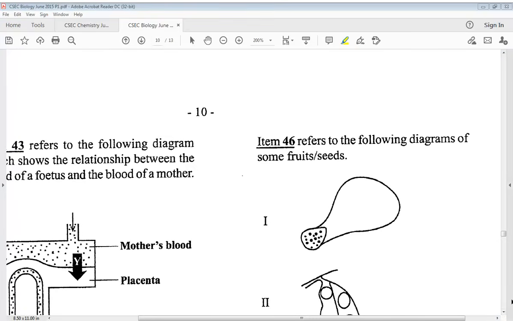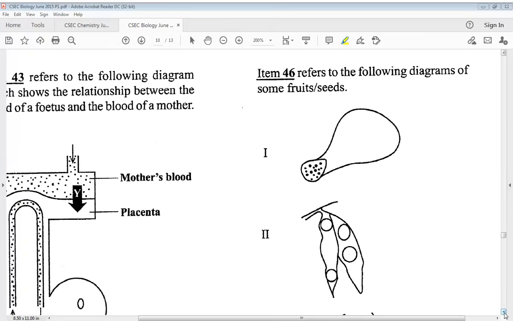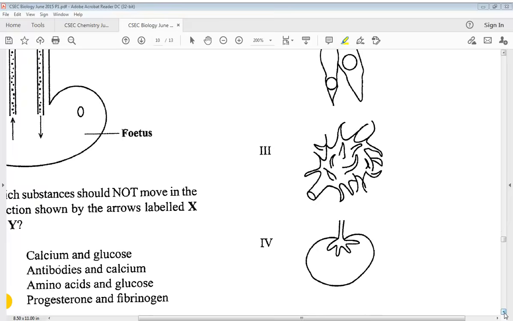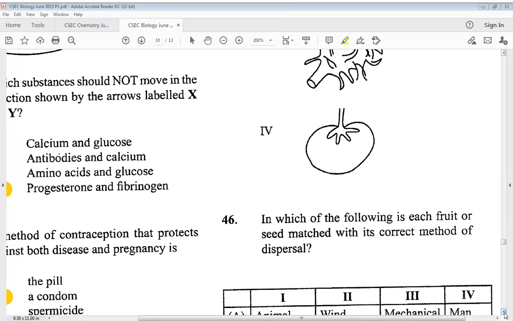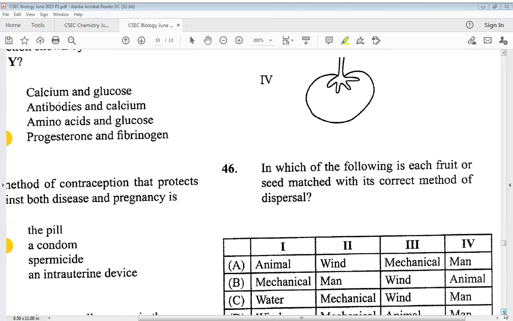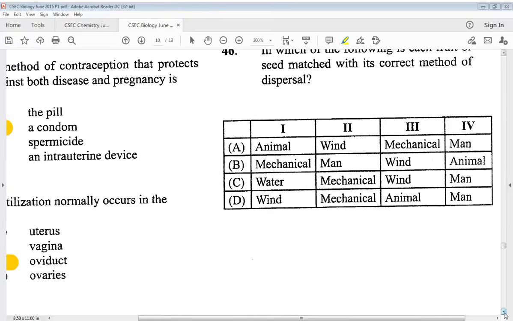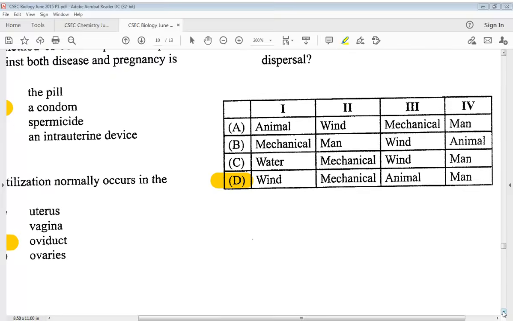So here we have item 46 refers to the following diagrams of some fruits, seeds. 46. In which of the following is each fruit or seed matched with its correct method of dispersal? The answer is D, 1, wind, 2, mechanical, 3, animal, 4, man.